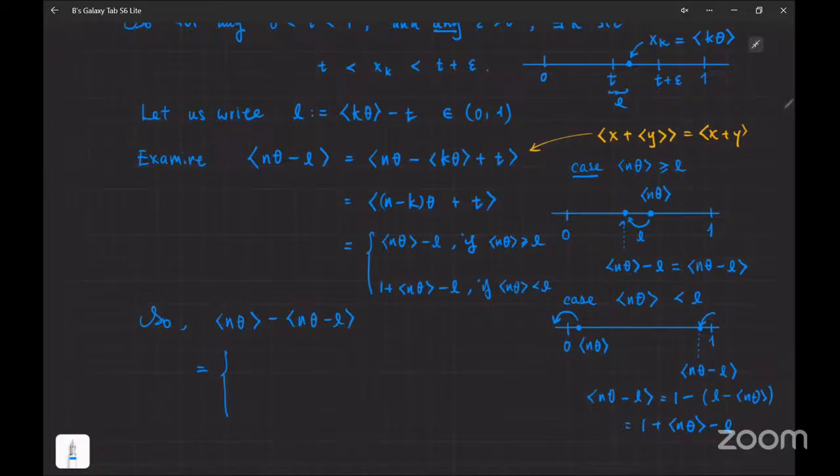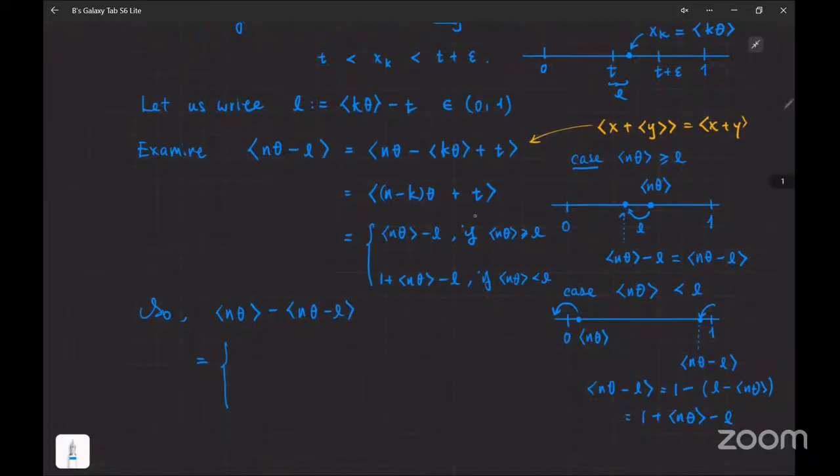In the first case, we get L. This is if n theta is greater than or equal to L. In the second case, as you see in the picture, because it's going to be smaller, it's going to be a negative number.